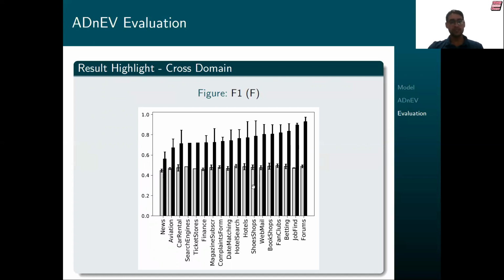This may suggest that while some domains, such as forums and job posting, reach impressive cross-domain performance, others, such as news and aviation, are harder to match, and aiming to generalize from different domains to these specific domains is more challenging than others. Similar trends exist for precision and recall for the cross-domain evaluation, and as I referred to earlier, all the results are given in the paper.